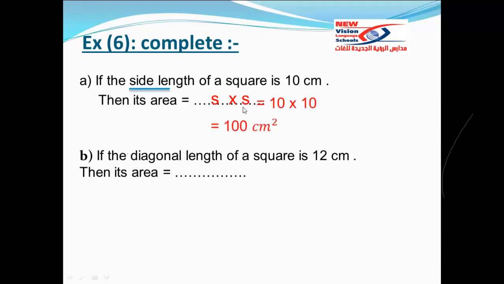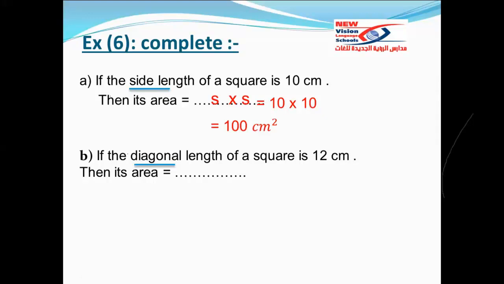Basil, open your mic. Solve number B. If the diagonal length of a square is 12 centimeters, then its area is what? Here he gives you the diagonal.